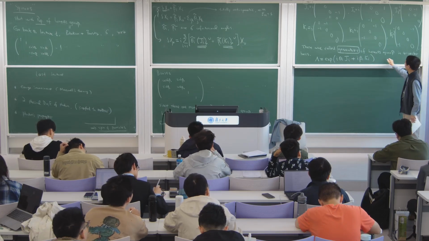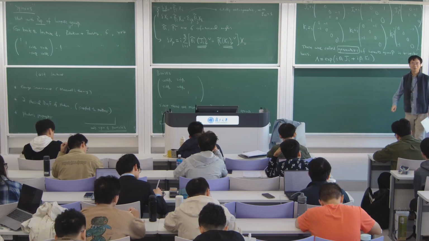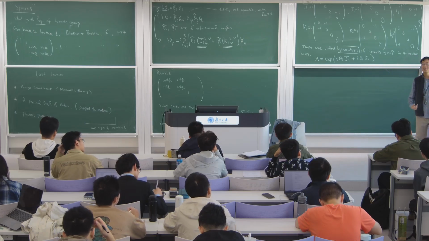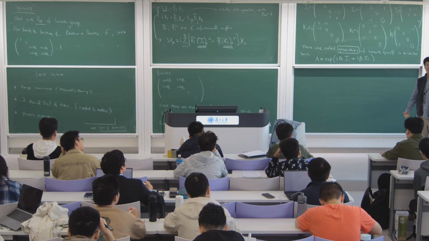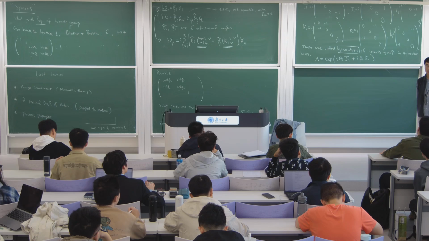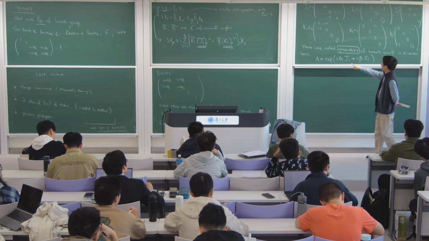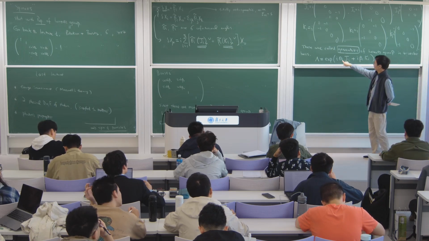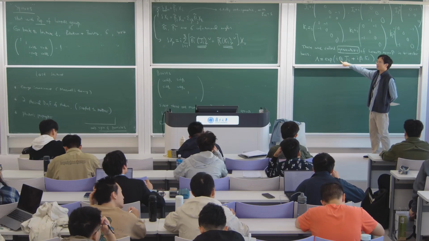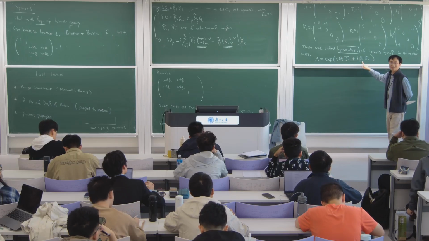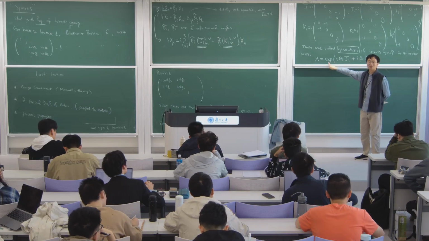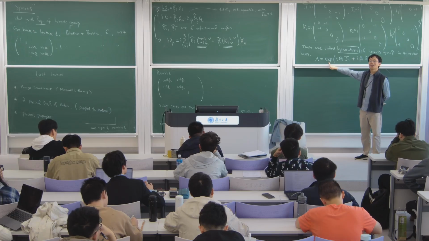Okay, so this is an important equation because it's very, very universal. Okay, it works for any unitary group. If you know these generators, then you can put them together with these parameters, okay, and do the exponential.